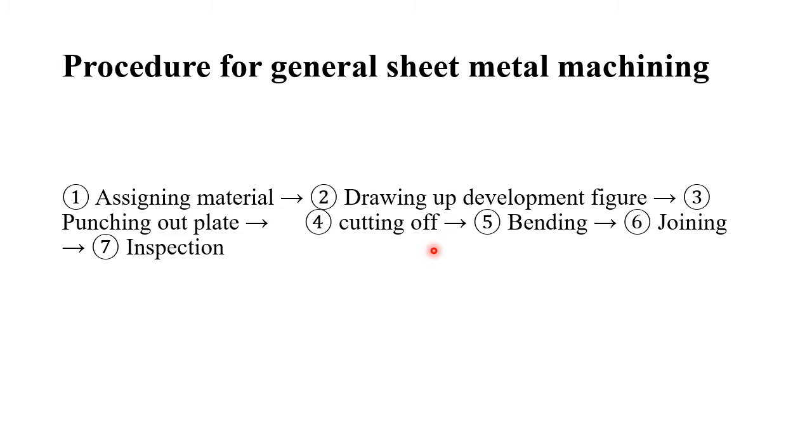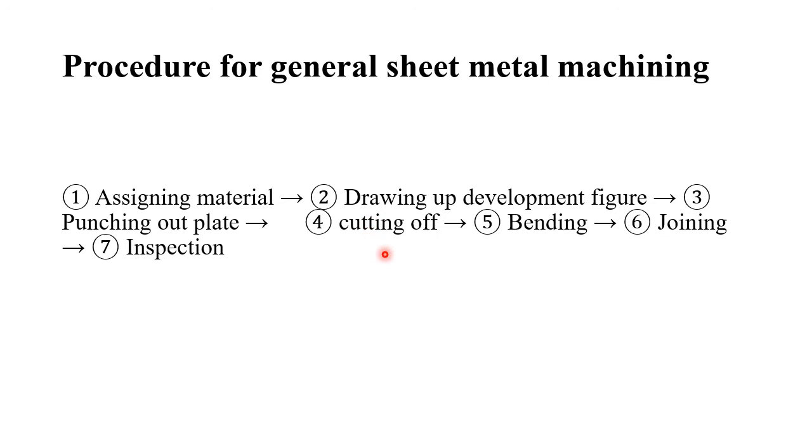But before cutting off, we need to draw the lines which connect the points we have put on the sheet metal. We use rulers or squares and a scriber to scratch these lines on the sheet metal, and then the cutting action will go ahead.